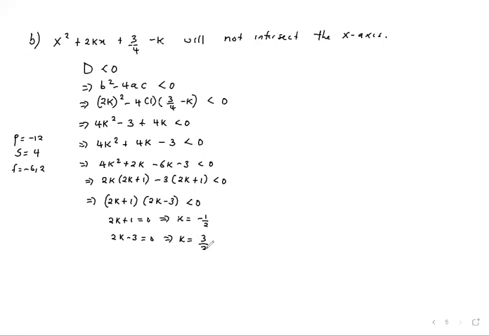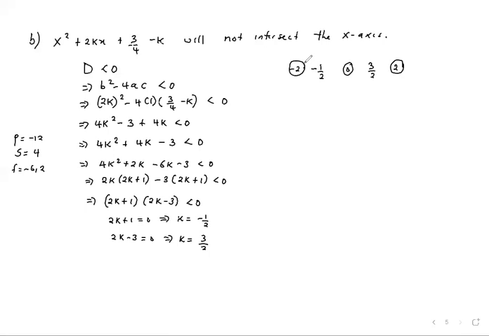These are critical values. So we use a table: negative half, 3 over 2. 0 is in between, 2 is bigger than that, negative 2 is less than negative half. So don't make a mistake of saying 1 is bigger than 3 over 2, because 3 over 2 is 1 point something. If you're not good at estimating numbers, you better go far.